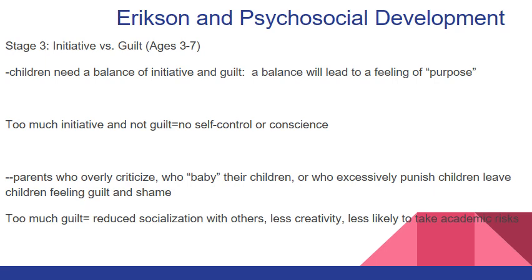For example, if a child has too much initiative and thinks that they are perfect or superhuman, they will not have self-control, or they won't necessarily feel bad about how their actions could negatively affect others.